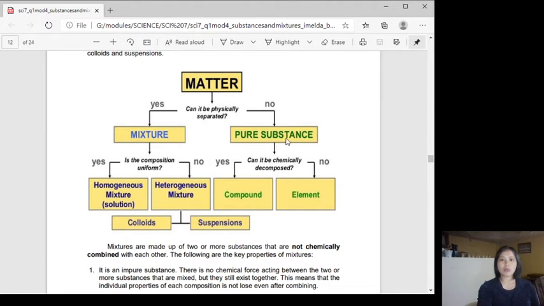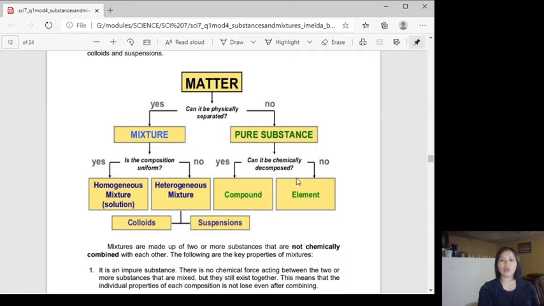Next, for pure substances, they also can be classified into two. You have compounds and elements. If they can be chemically decomposed or broken into simpler form, they are called compounds. But if they cannot, then they are called elements. Remember, if you're going to break down compounds, they will now form elements.